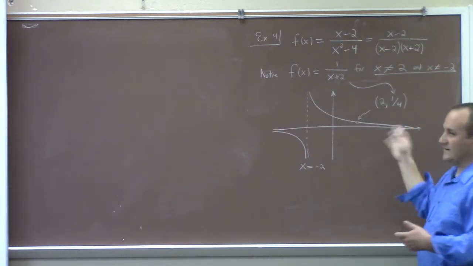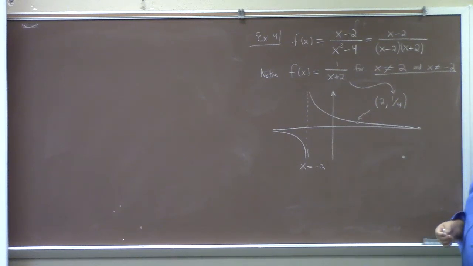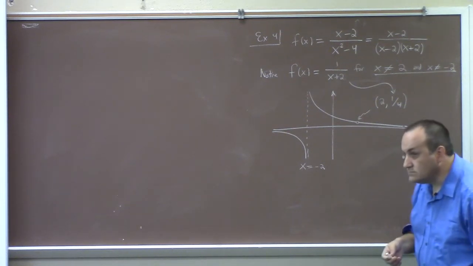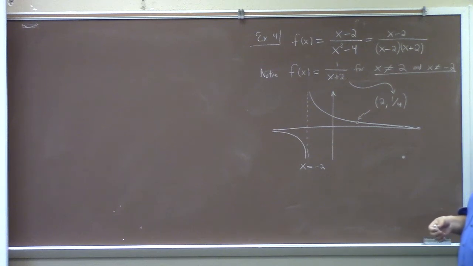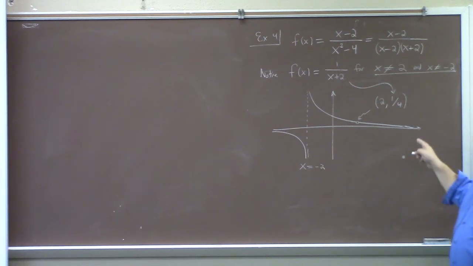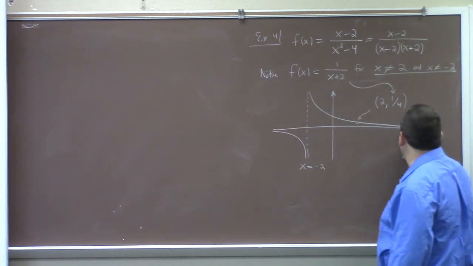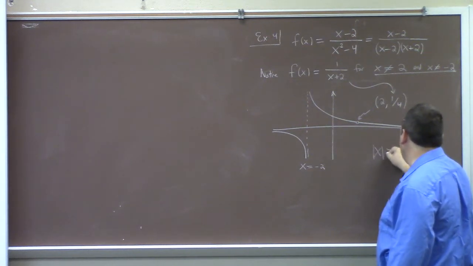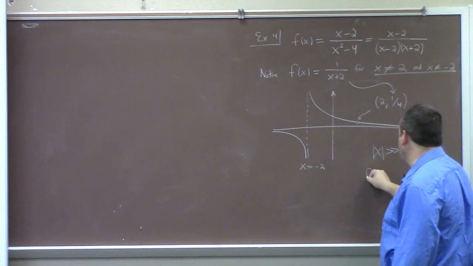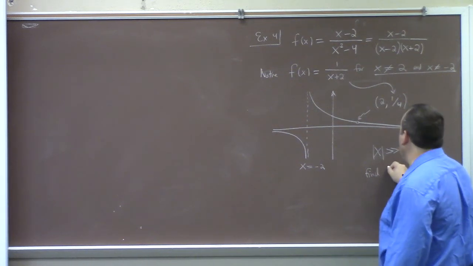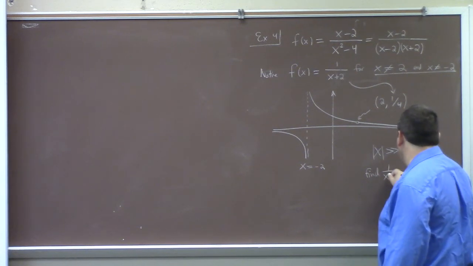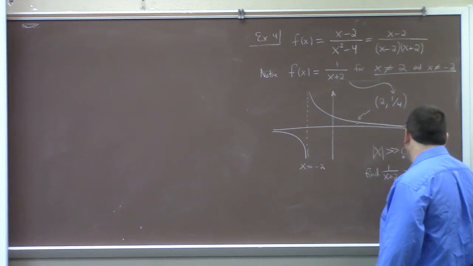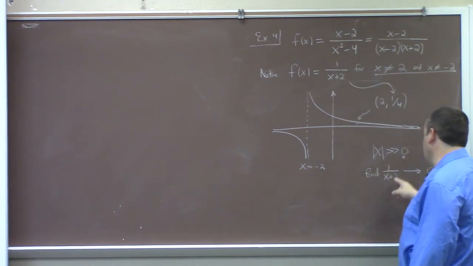As we go to plus or minus infinity again, right? As x gets really, really large, for absolute value of x much, much greater than 0, we find 1 over x plus 2 is going to like 0, basically, because it's like 1 over something huge.